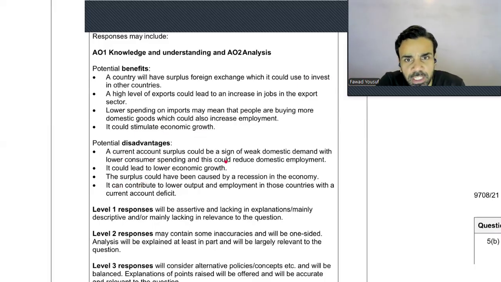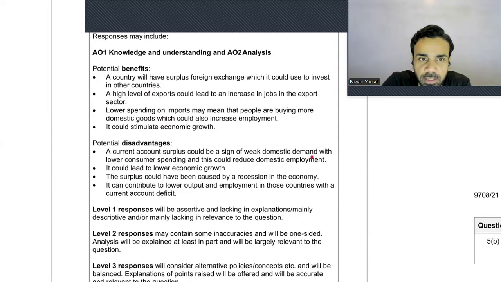The current account surplus may be a sign of weak domestic demand with lower consumer spending, and this could reduce domestic employment. Yeah, so this is the same point: your local economy is poor, and only internationally is your product selling more, and because of that the exporters, the industrialists, are making money, but the rest of the economy is not making so much money. That's still on the poorer side. Other than that, it could lead to lower economic growth.